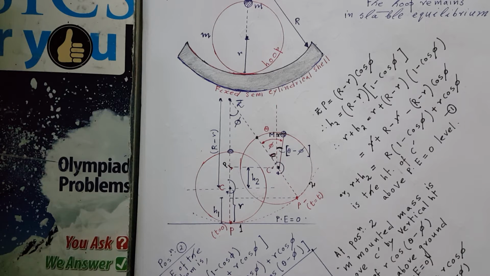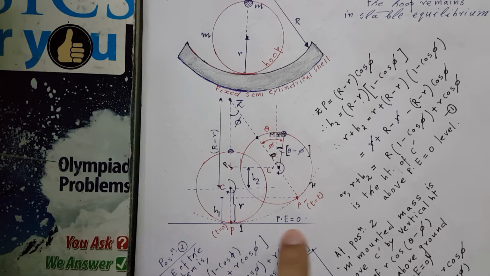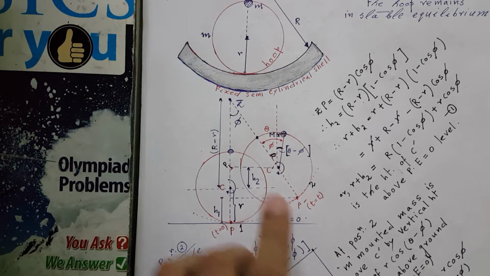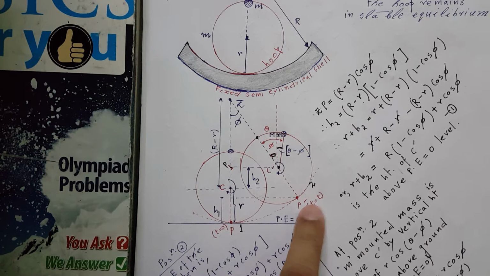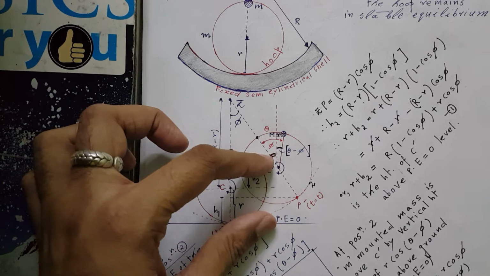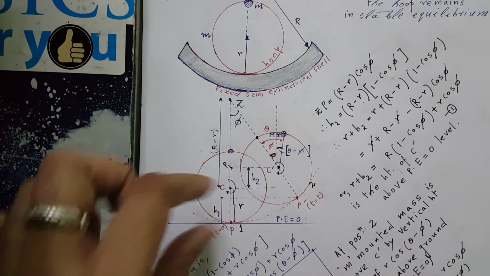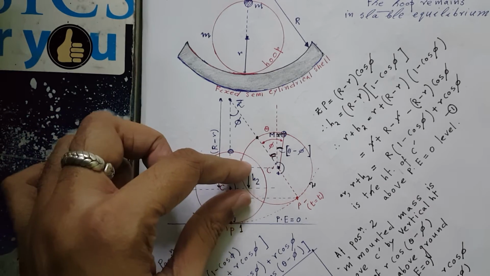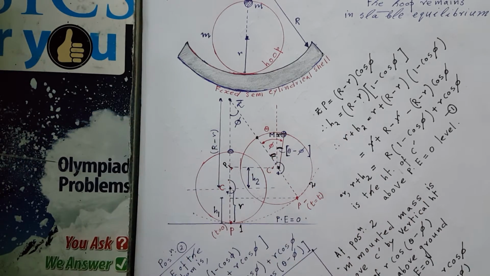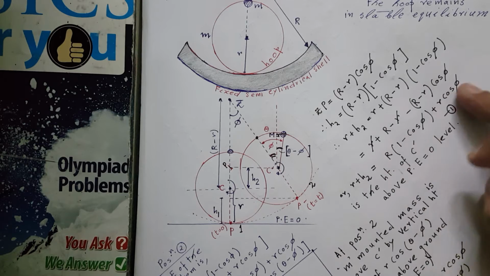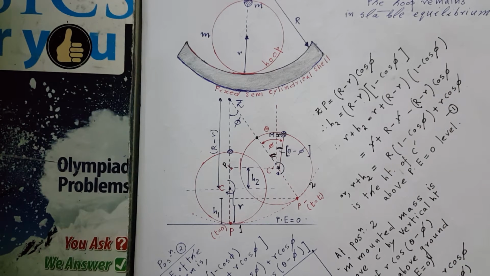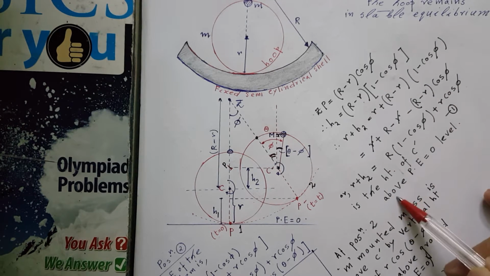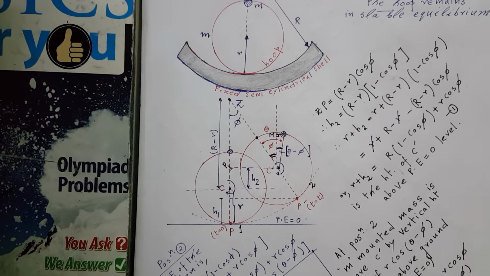It's a very standard thing. Let me consider this line to be the zero potential energy level. So the center of mass at a later instant t is at what height from the ground level? The radius of this hoop plus the height through which it got raised, so r plus h2. This is the height of C dash above the P equal to 0 level.